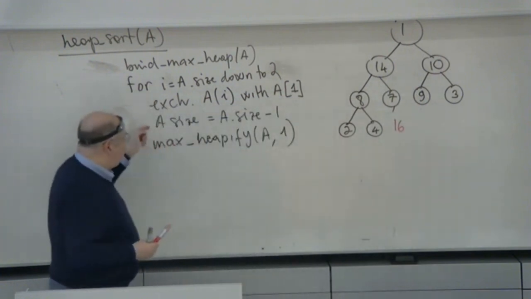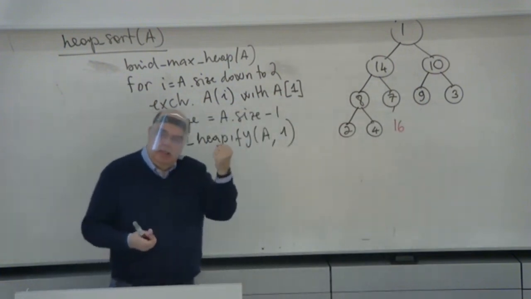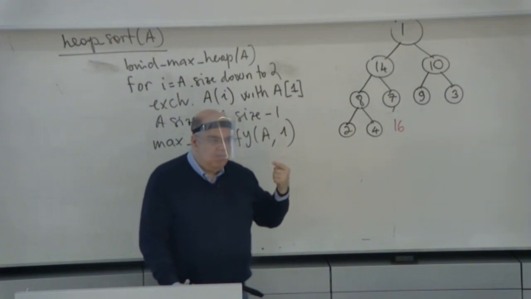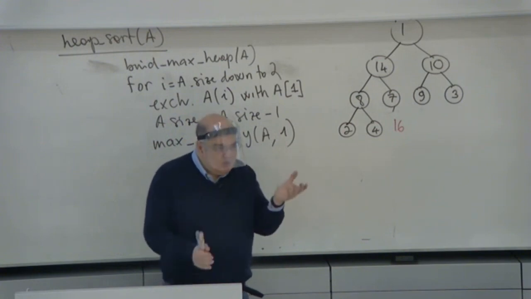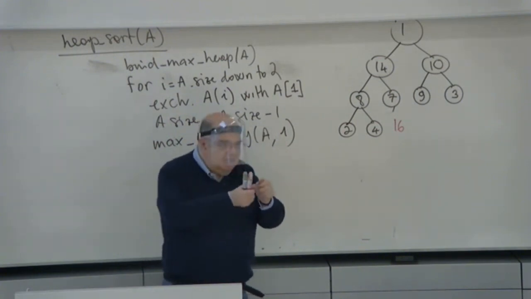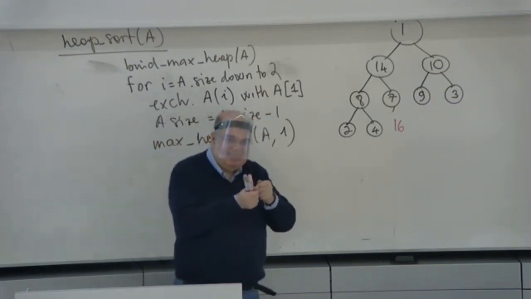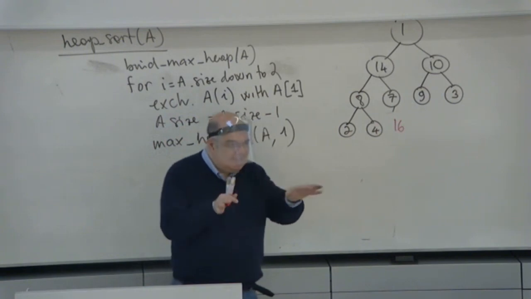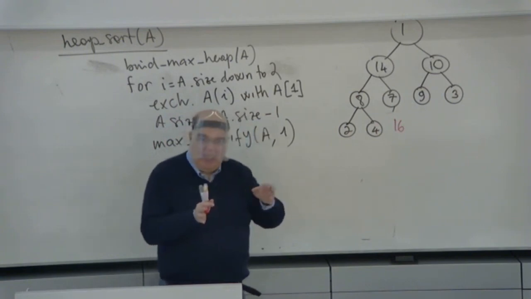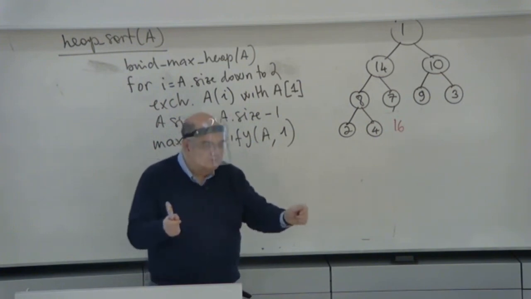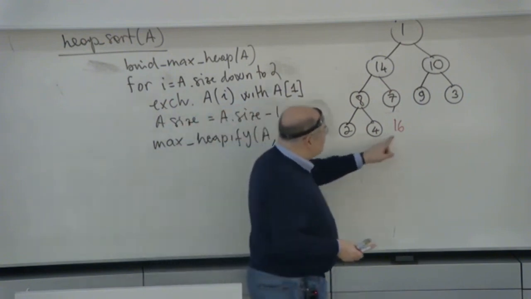So you see that for the next step, one idea would be to just take the maximum and remove it from the array, okay? But the advantage of working in this way is that you get a sorted array in place. So you are not doing any special operation on the array. The array stays where it is in memory, and you are just swapping two elements in the array, swapping the first and the last. And so 16 comes here.